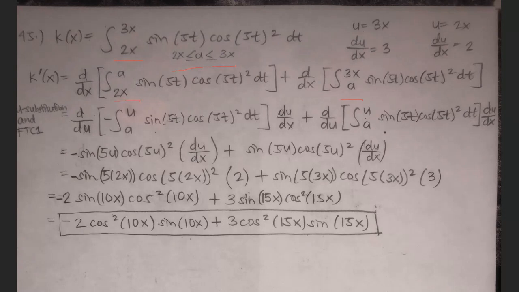Why can we do this? Because when the lower limit and the upper limit equal each other, the integration is 0. So from a to a, the integration is 0. That's why we can split into two parts, 2x to a, then a to 3x.